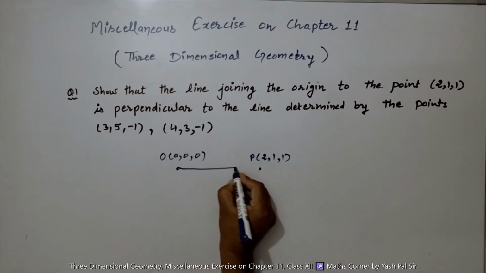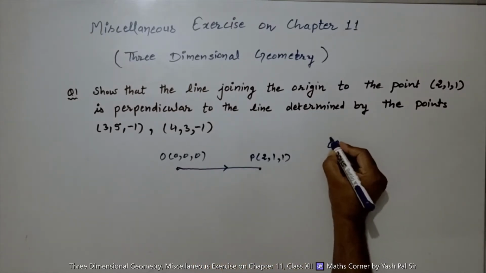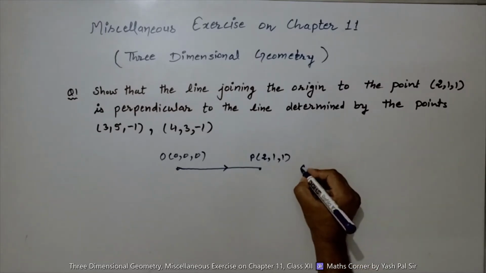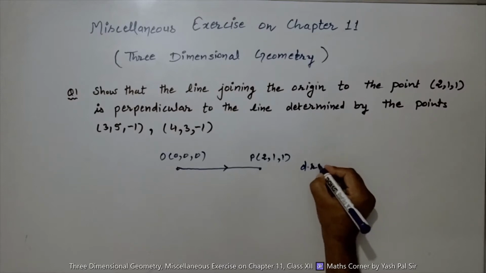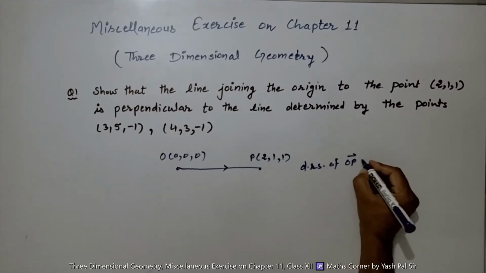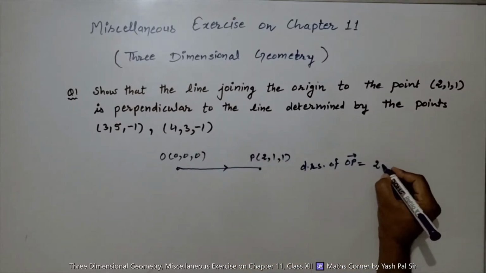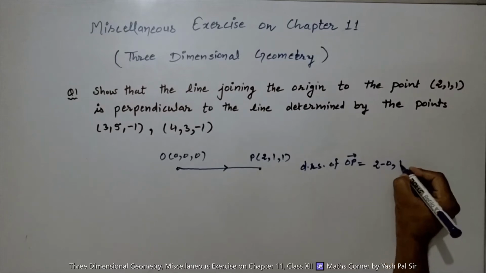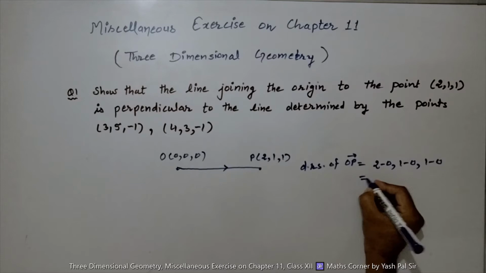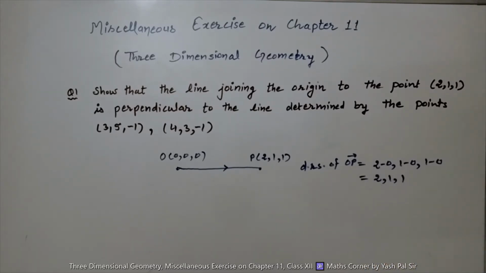Therefore OP is the line segment. The direction ratios of the line OP are 2 minus 0, 1 minus 0, 1 minus 0. That is, they are 2, 1, 1.